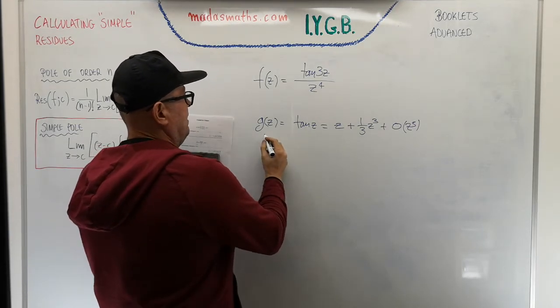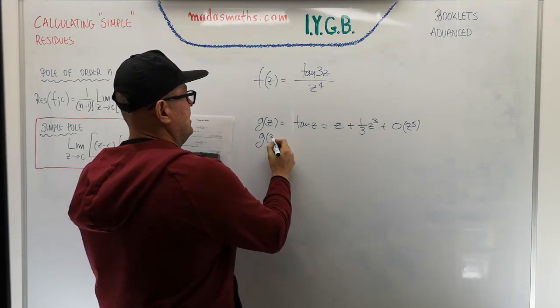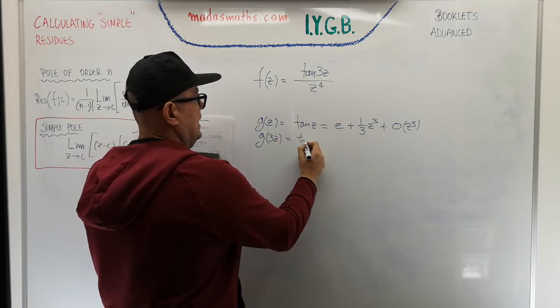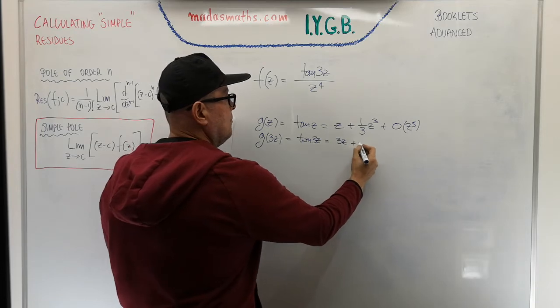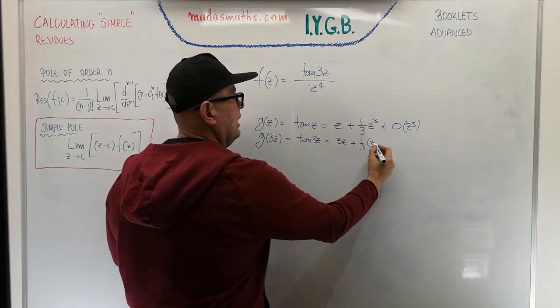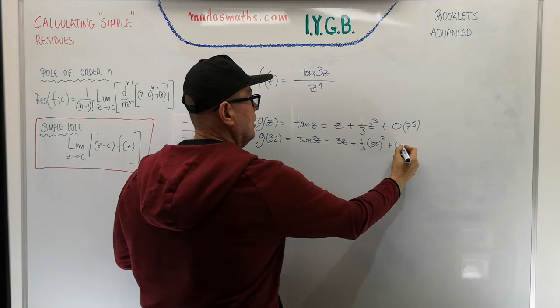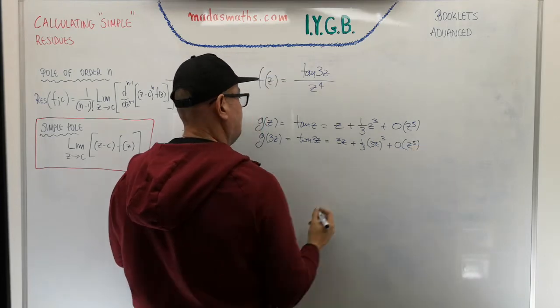Quite clearly, if we do g of 3z, so the tan of 3z will be 3z plus 1/3 times 3z all cubed plus dot dot dot.